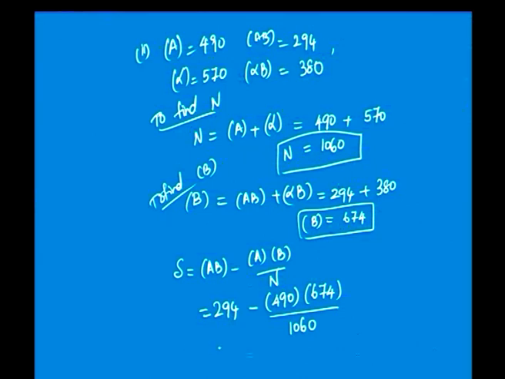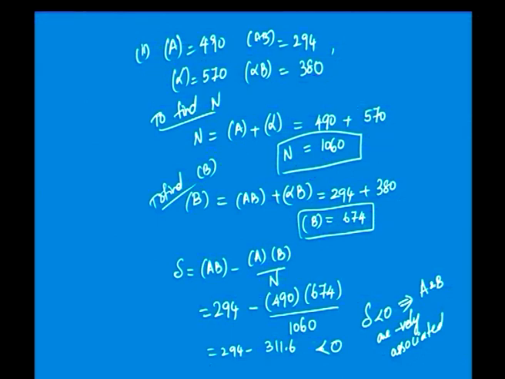And this value gives you 294 minus 311.6, and this answer is less than 0. Therefore, delta less than 0 implies A and B are negatively associated.